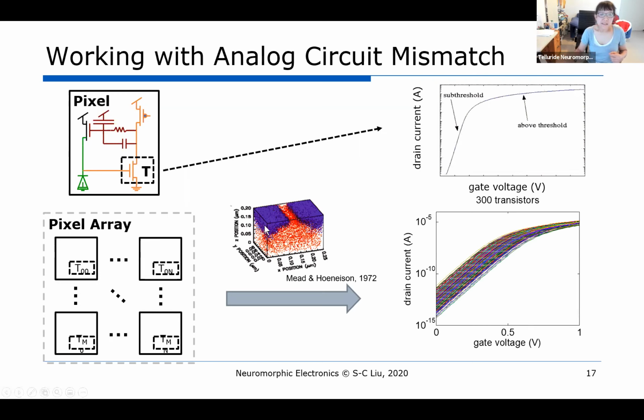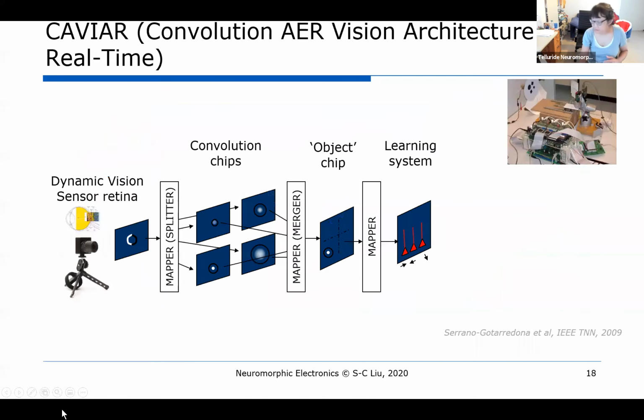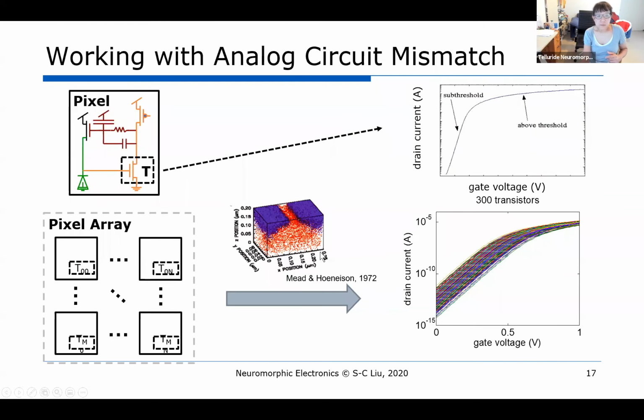Because of this, instead of getting one curve overlapping on top of each other for, say, 300 transistors, you get a whole set of curves, and you can see the spread in the current versus voltage transfer function. So basically, there's a variance between the measurements of different transistors from the different pixels.